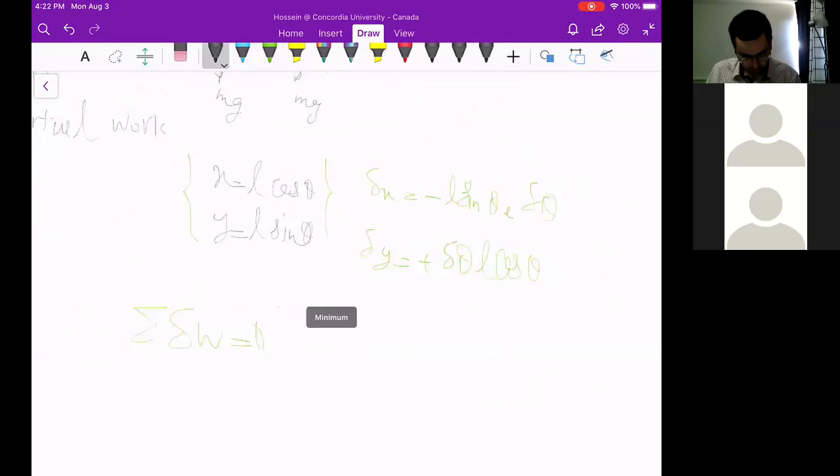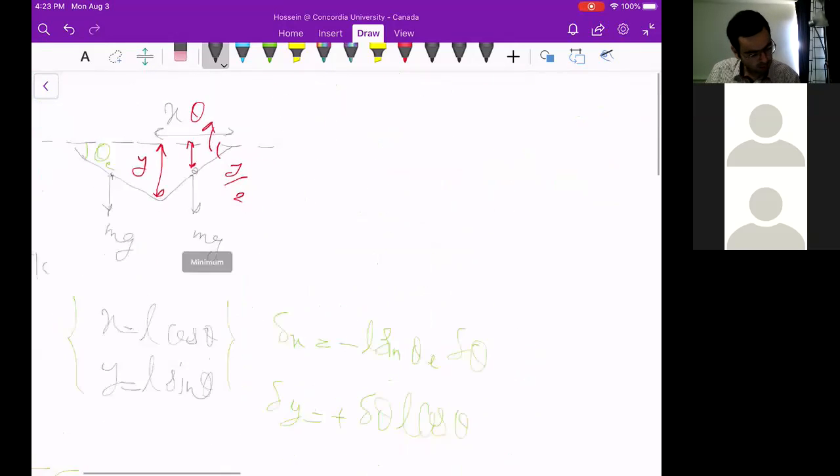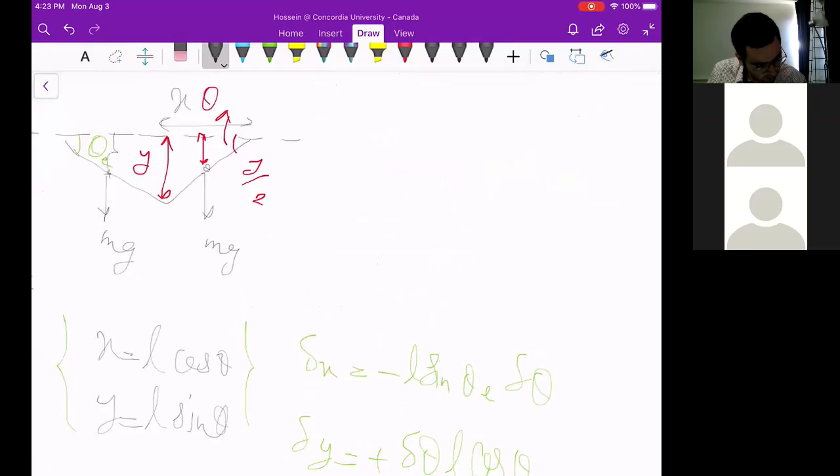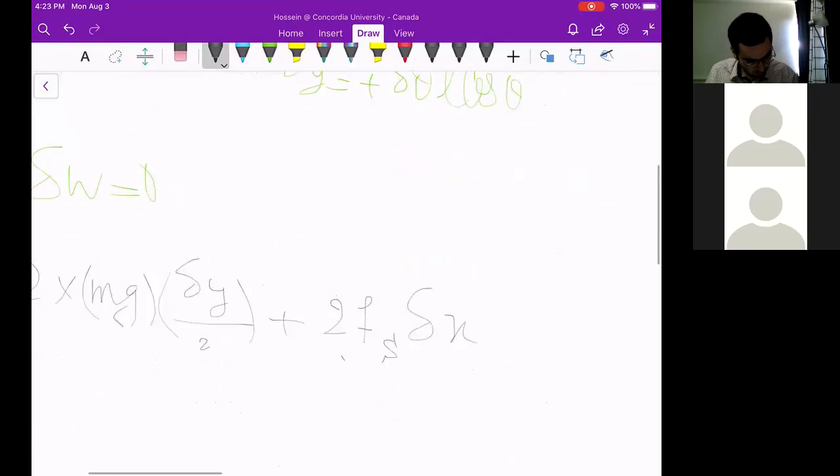So there are two mg, 2 multiplied by mg multiplied by delta y over 2. Each bar is just deflected as half y. So this is a potential work. And also there are two spring forces at delta x. Force, virtual displacement, and virtual work is going to be 0.